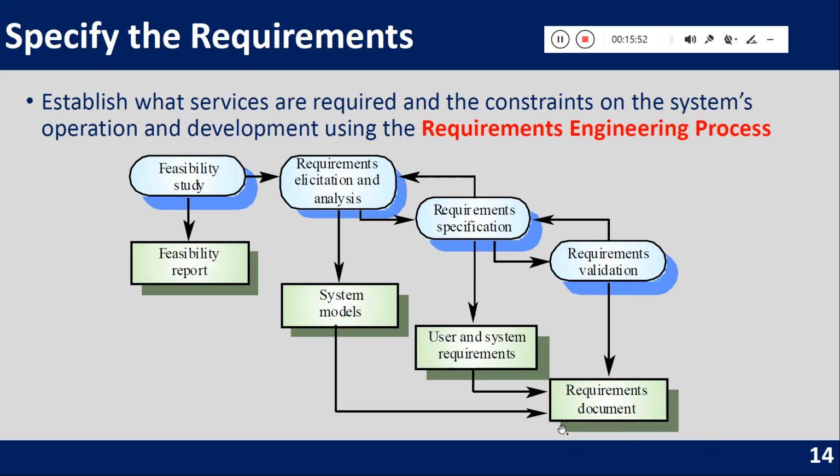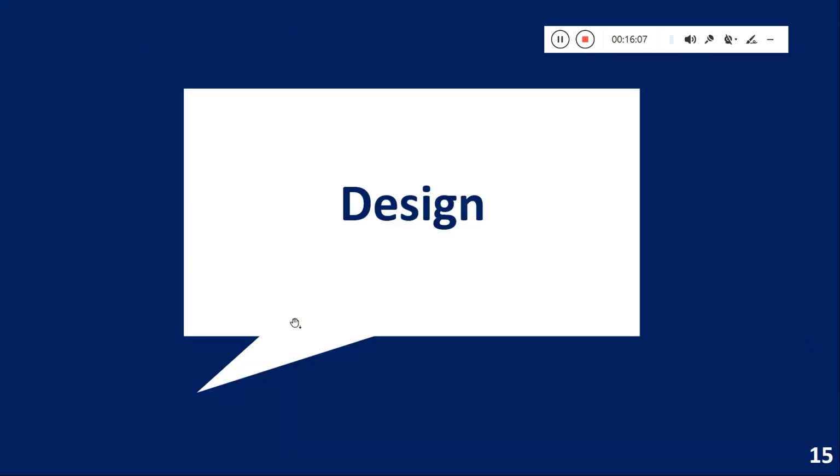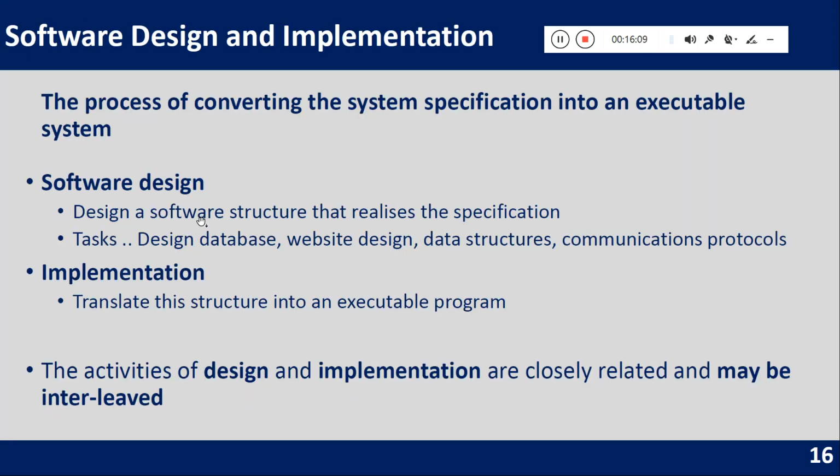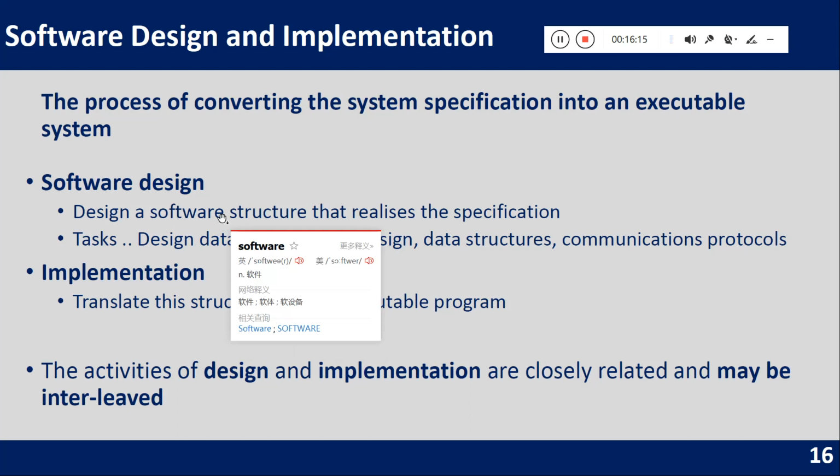So the requirement document consists of the system model and the user and system requirements. So in terms of the design part, we're going to transform the specification into an executable system.